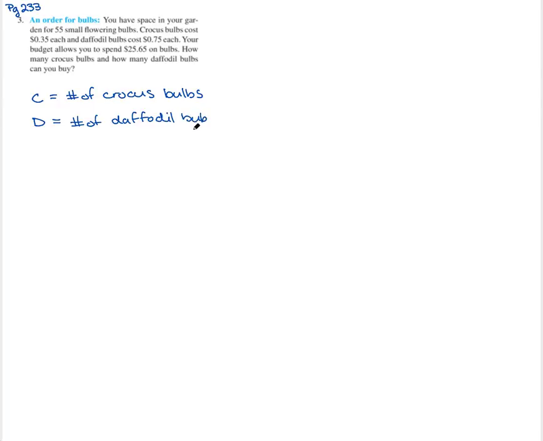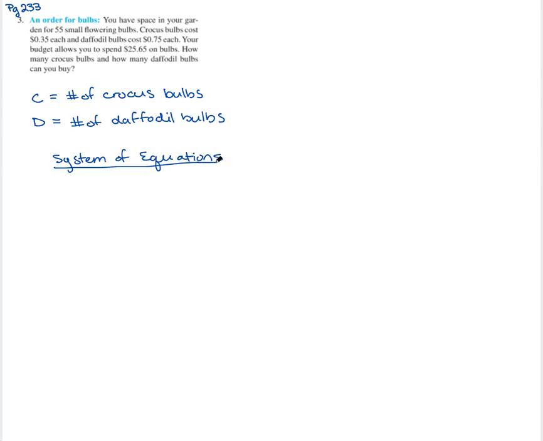Okay, now that I've identified my variables, I want to set up my system of equations. My system must involve two equations. How do I know that? Well, if I have two unknowns, then my system must have at least two equations.